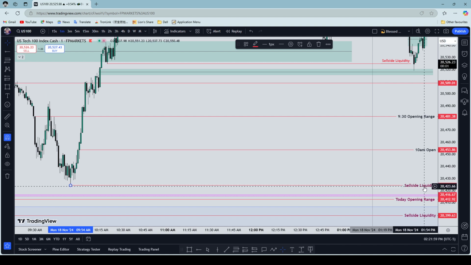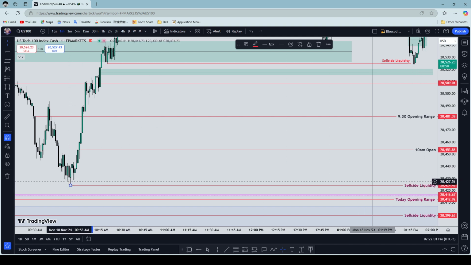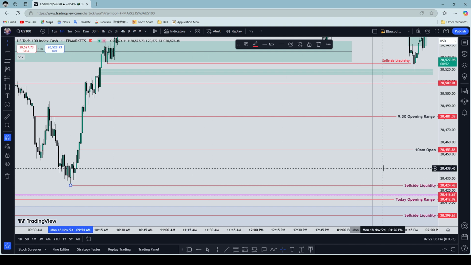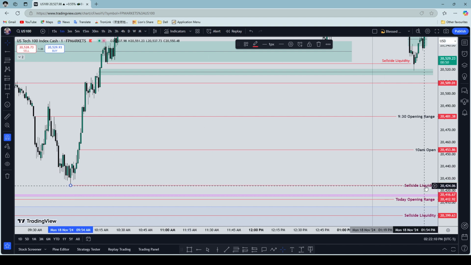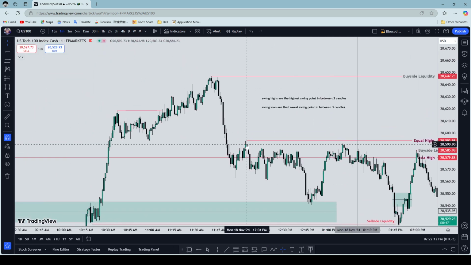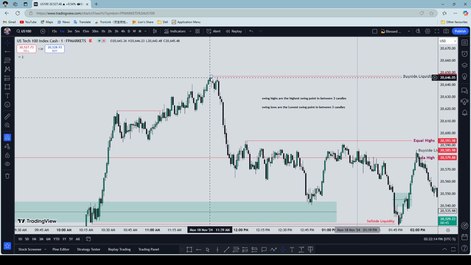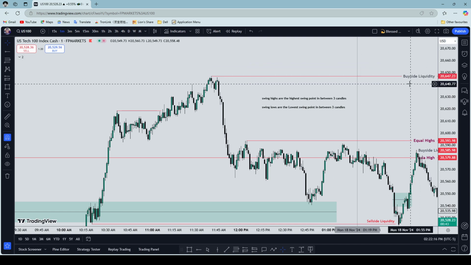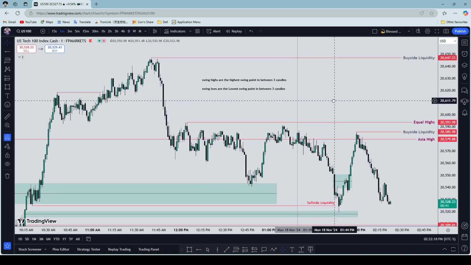So a swing low that has not been traded to is classified as a sell side liquidity, and a swing high that has not been traded to is called what? A buy side liquidity.